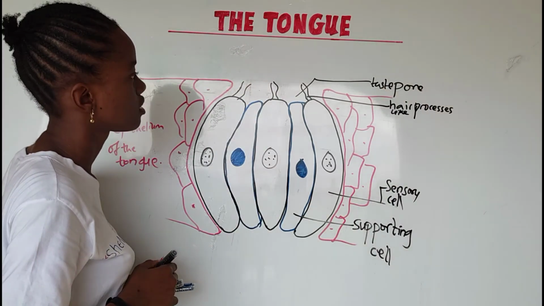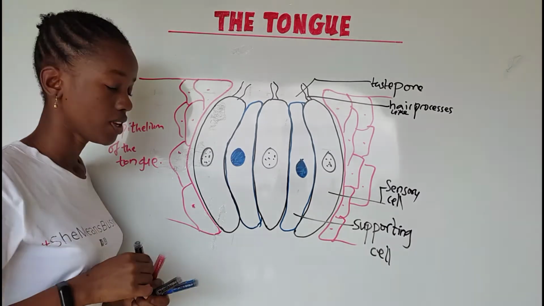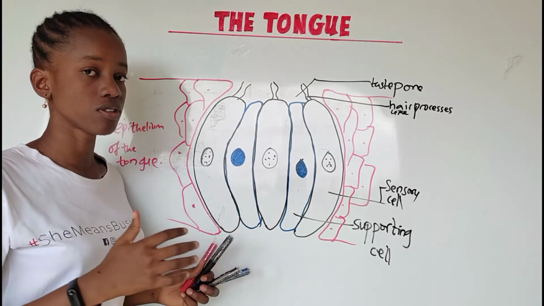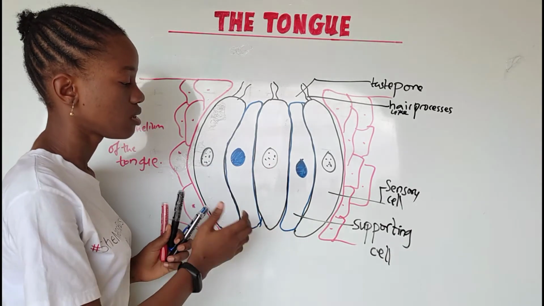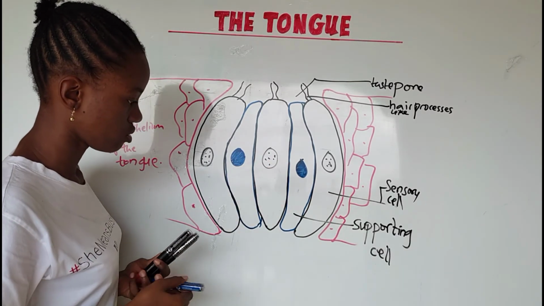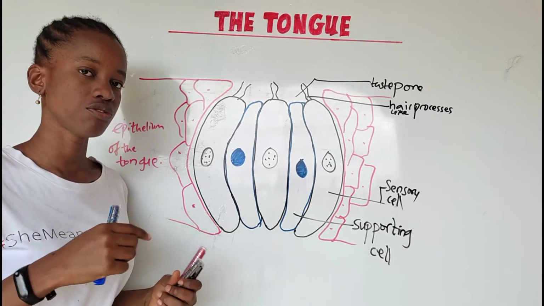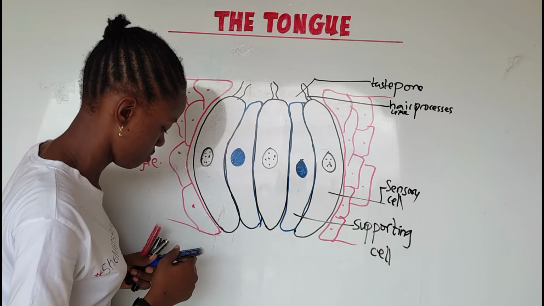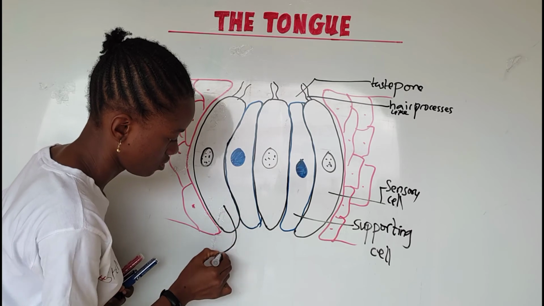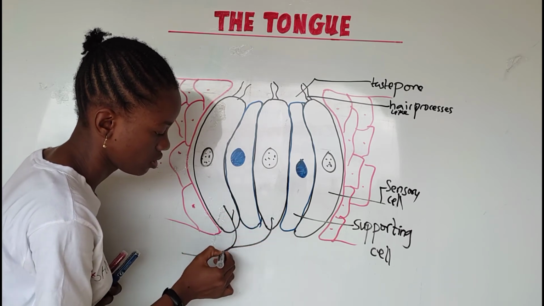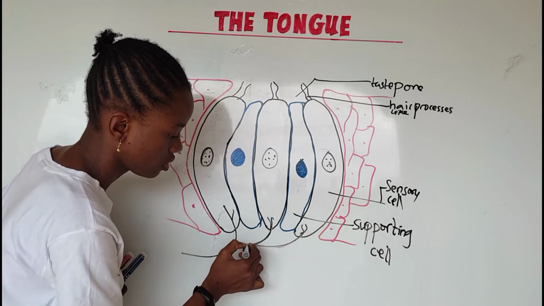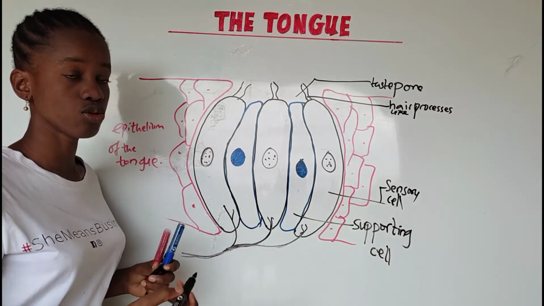So this is the taste bud, and as I said before, it is made up of groups of chemoreceptors that come together to form the taste bud. Just below it, we also have sensory neurons that form a nerve that leads to the brain.